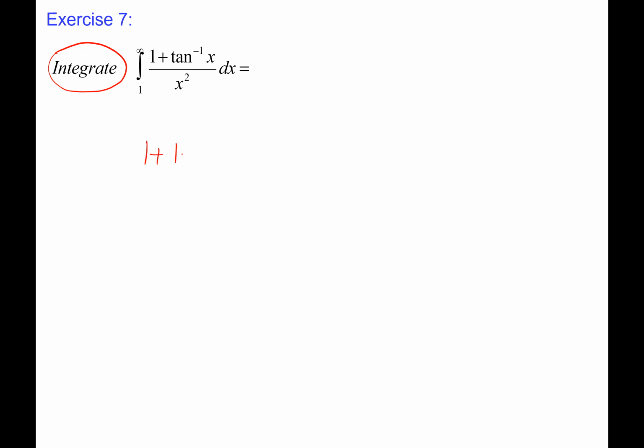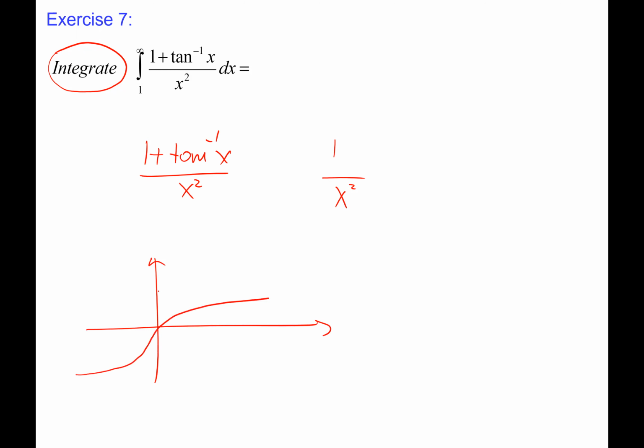It looks like I can compare with the function 1 over x squared, since as x goes to positive infinity, inverse tangent is approaching a finite number, and will never be greater than pi over 2.